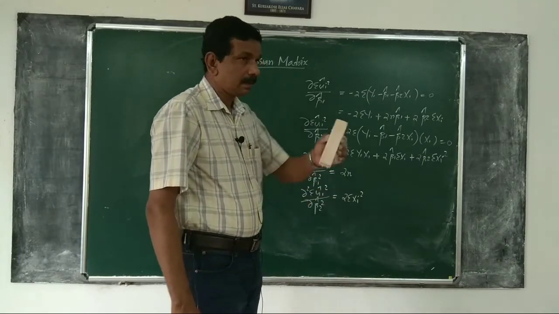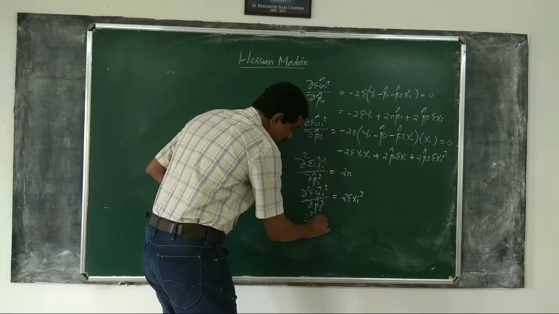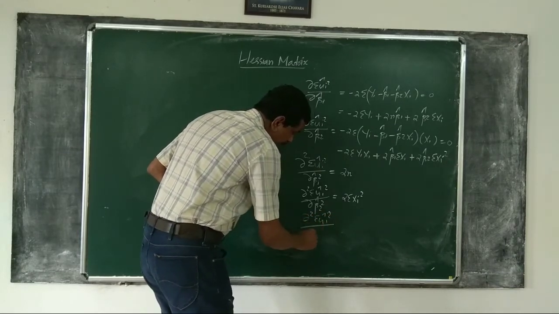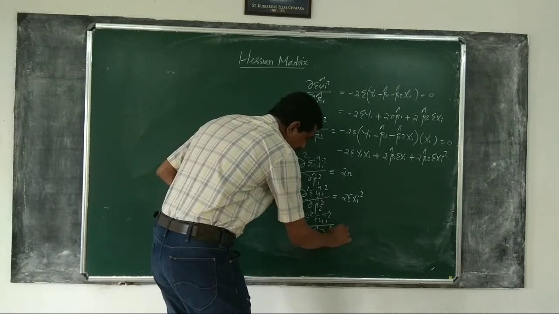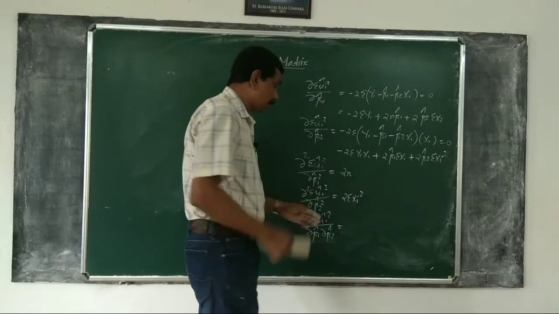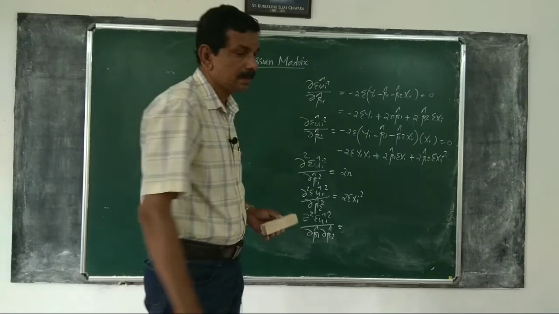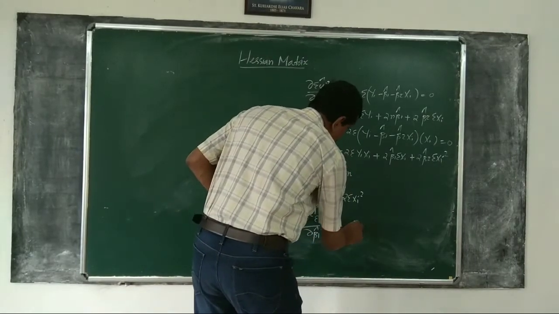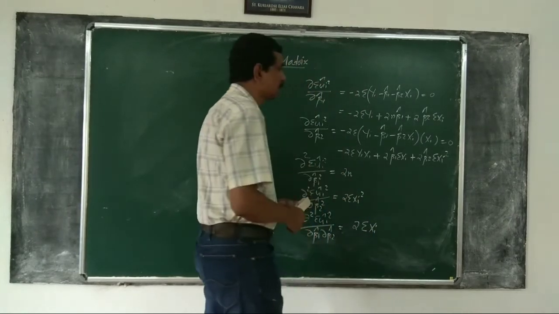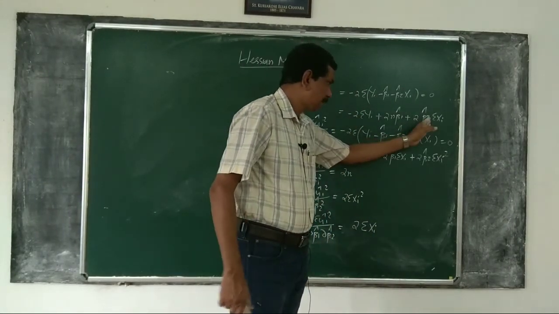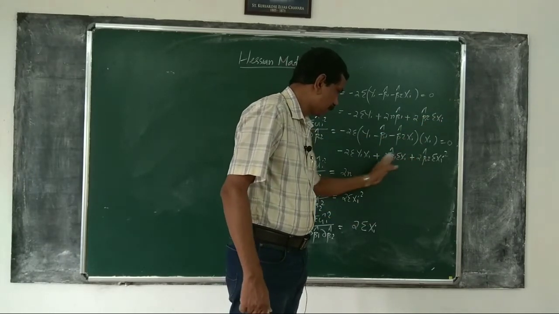Then the cross partial derivatives, ∂² sigma u hat i square with respect to ∂ beta 1 hat ∂ beta 2 hat, are the same using Young's theorem, equal to 2 into sigma xi.